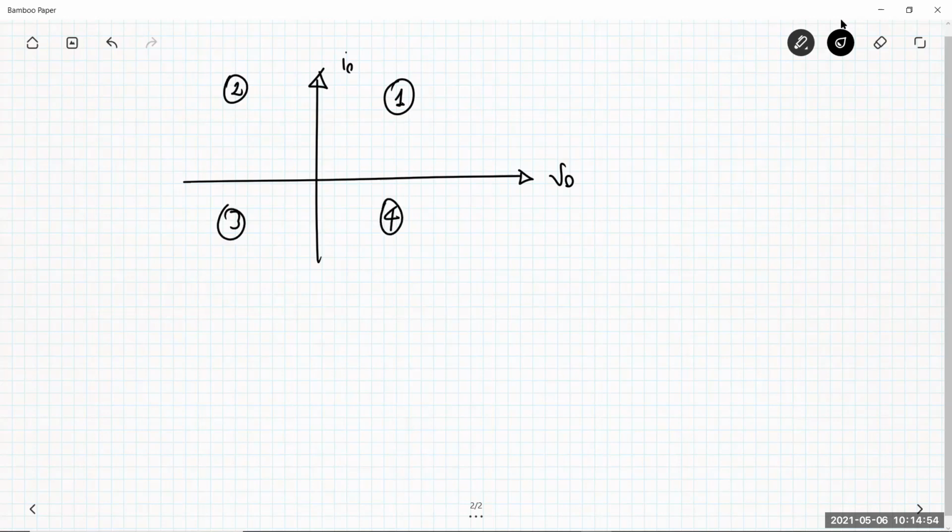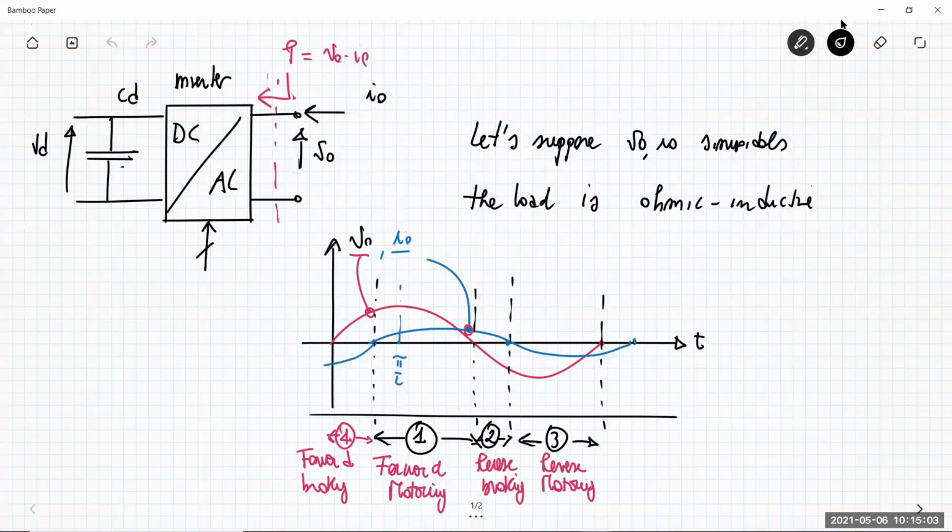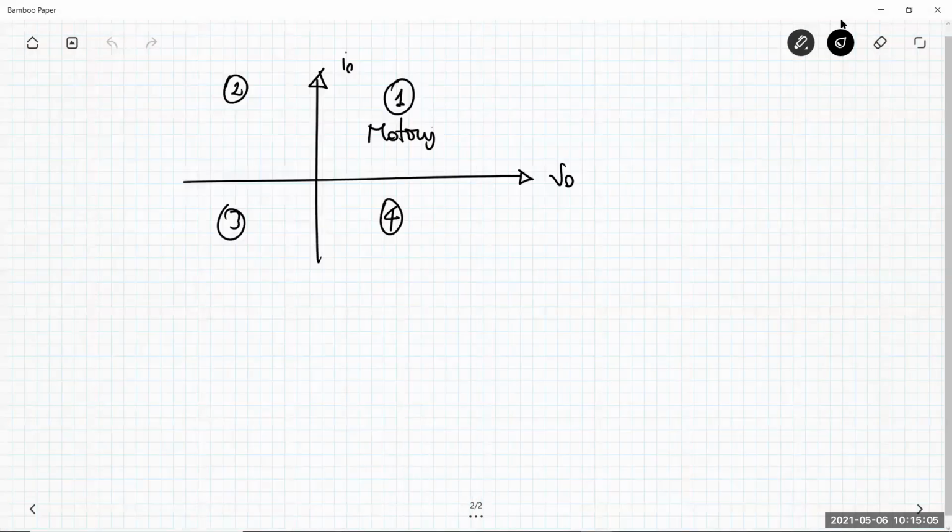We have the motoring: situation number 1 and situation number 3, in which the power provided is positive, and then you have the braking.